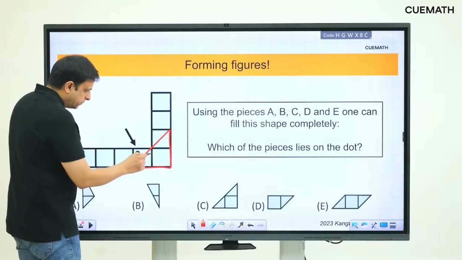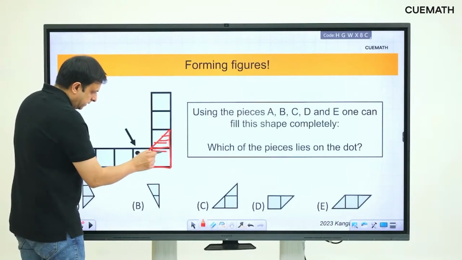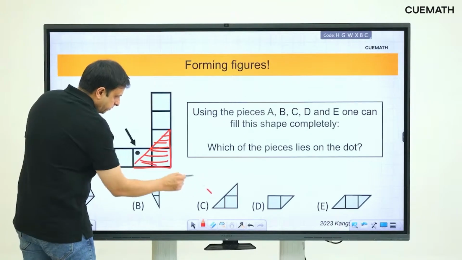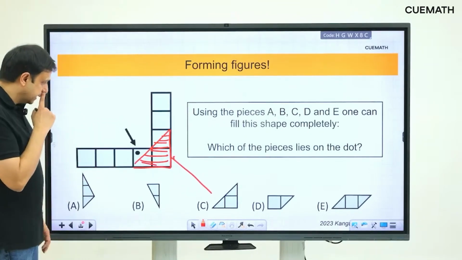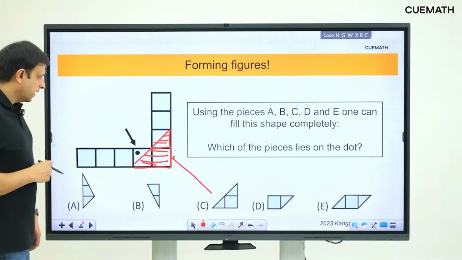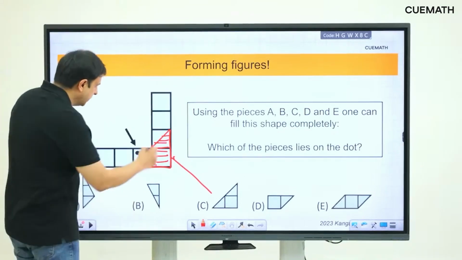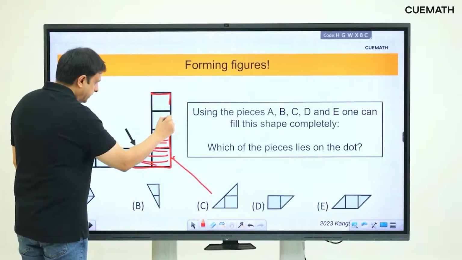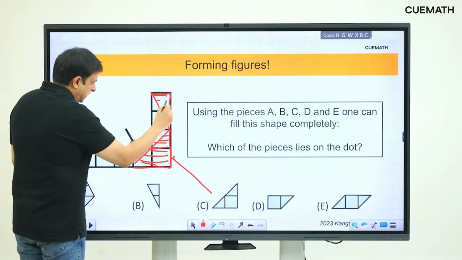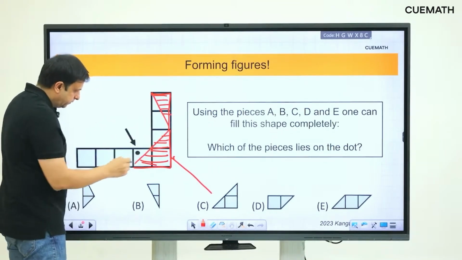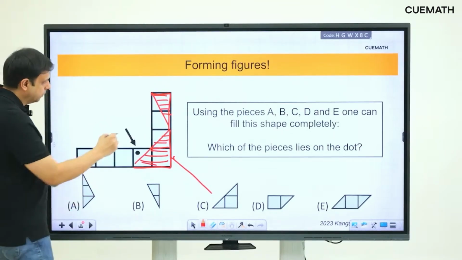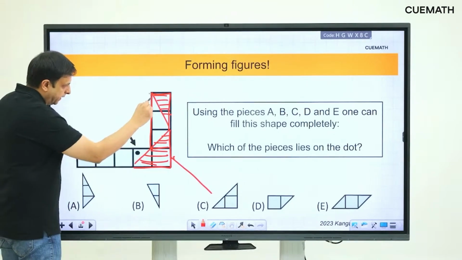So this piece comes over here like this. Okay, so this is piece C, and then I could take this piece B and put it over here like this, and then I have this empty region which I could fill with piece labeled A like this.